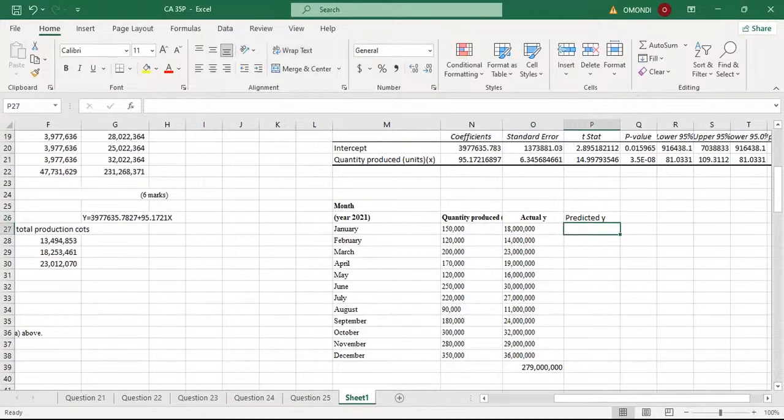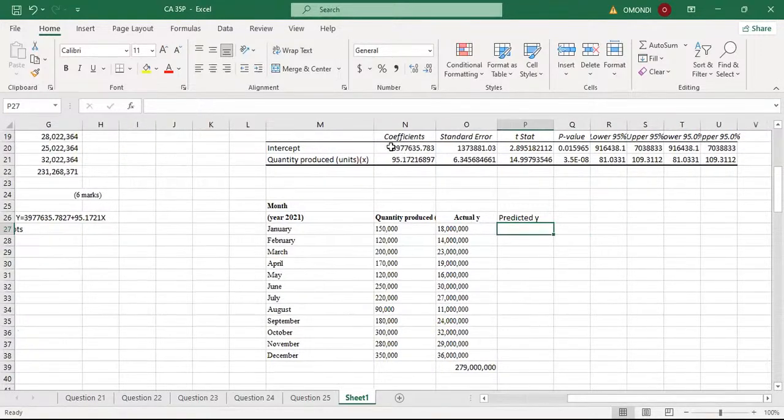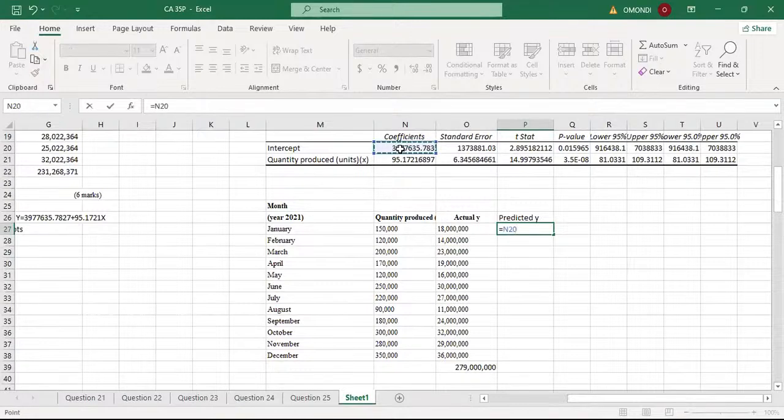So for predicted y, the examiner is simply telling us to use the variable cost per unit and the fixed cost to come up with the predicted y, which is equal to our fixed costs plus variable cost per unit, then I multiply by the units produced.